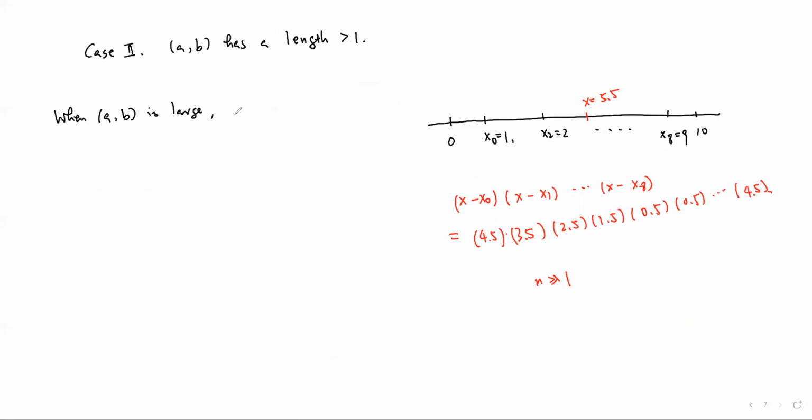Divide AB into subintervals of length less than 1, and then over each subinterval, construct an interpolation polynomial.